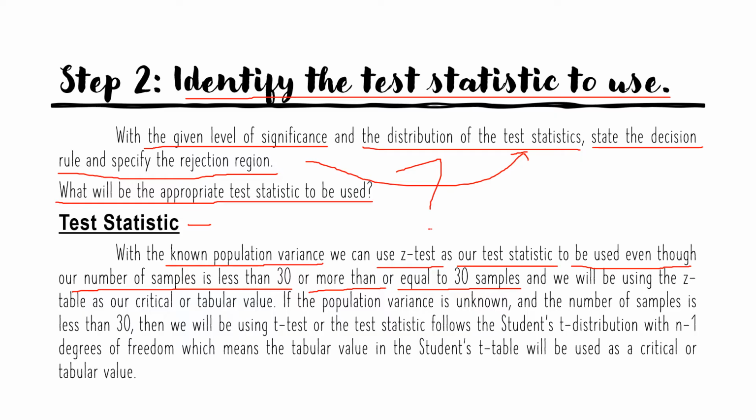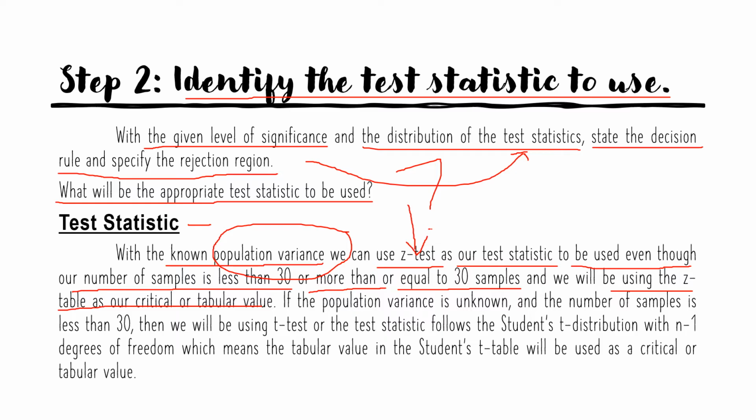As long as your population variance is known, we can simply use the Z-test. And we will be using the Z table as our critical or tabular value. We can get your Z critical values from the Z table based on the alpha value or the level of significance.